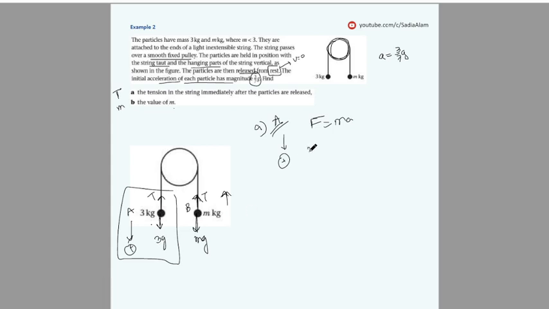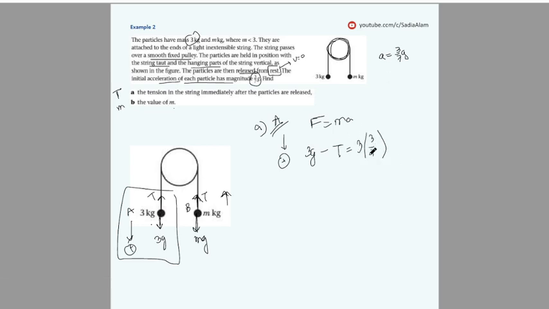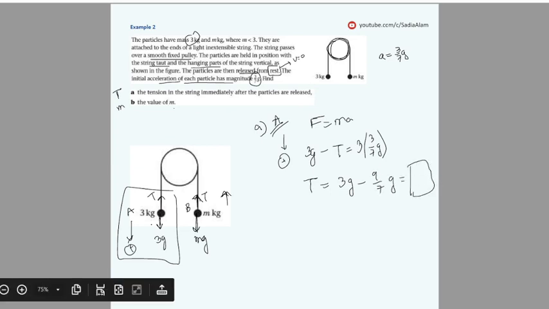So I'm taking 3g - T = ma. m is 3. a is given, so 3/7 g. So if you just solve this equation, you will get the value for T, which is 3g - 9/7 g. So that's tension.